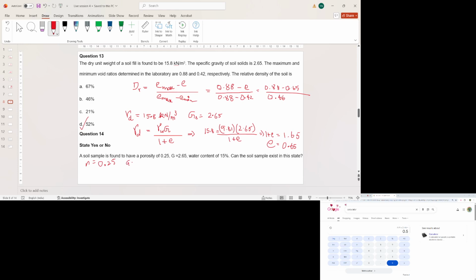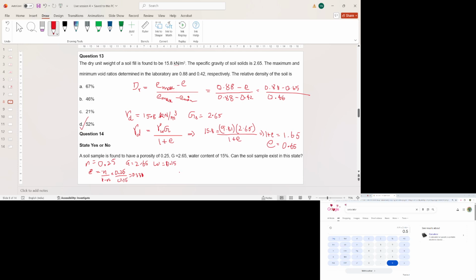We have G, and we have e, which can be derived as n divided by 1 minus n, which is 0.25 by 0.75, which is 0.33. G is 2.65 and gravimetric water content is 15%, which is 0.15.